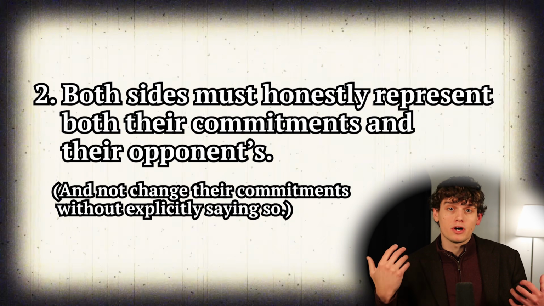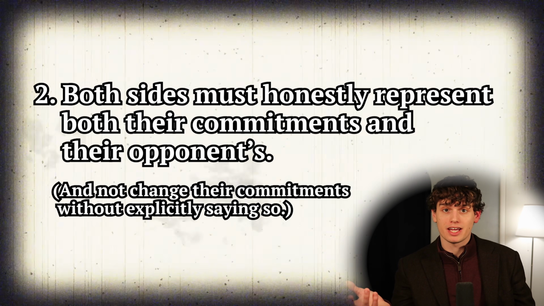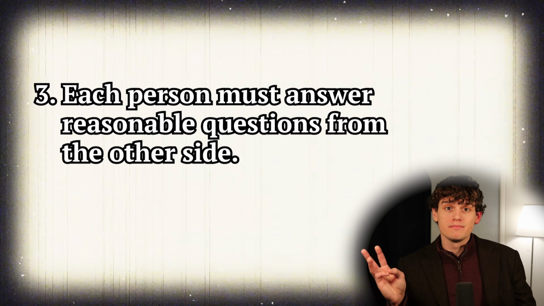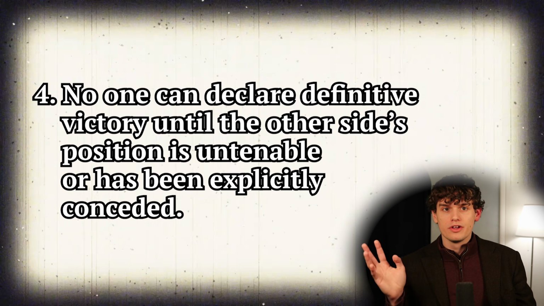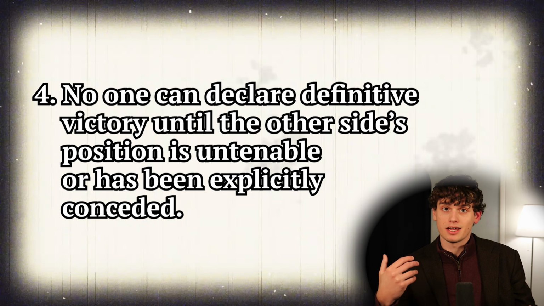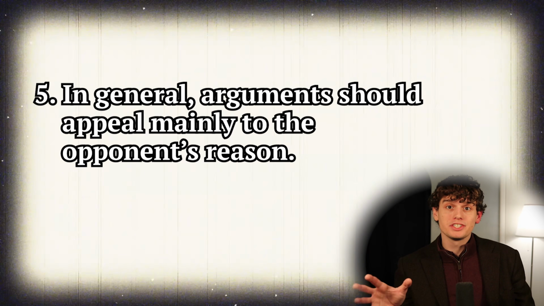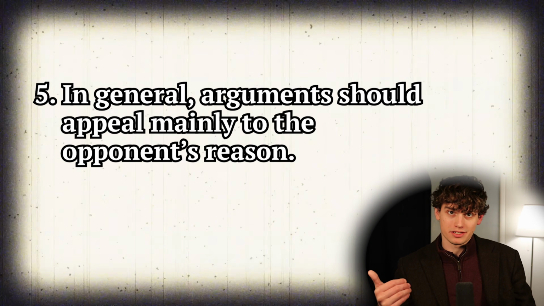Both sides must honestly represent both their commitments and their opponents', and not change their commitments without explicitly saying so. 3. Each person must answer reasonable questions from the other side. 4. No one can declare definitive victory until the other side's position is untenable or has been explicitly conceded. 5. In general, arguments should appeal mainly to the opponent's reason.